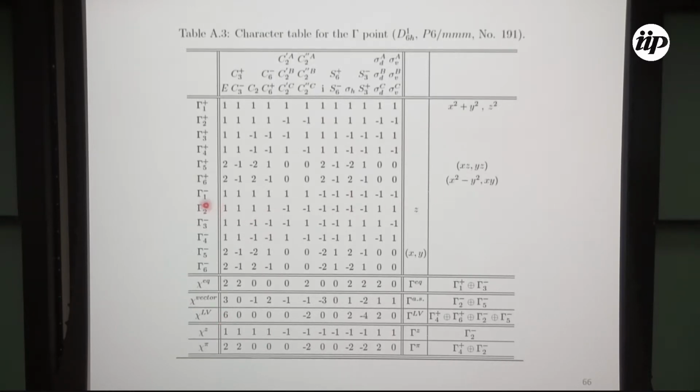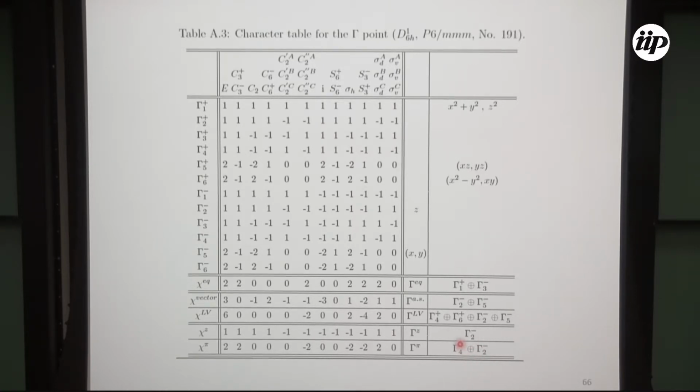It is gamma 2 minus. And what's the equivalent representation? It is gamma 1 plus gamma 3 minus. Then if I do the direct product between these two representations, I will find the representation for the p electron, which is gamma 4 plus gamma 2 minus.